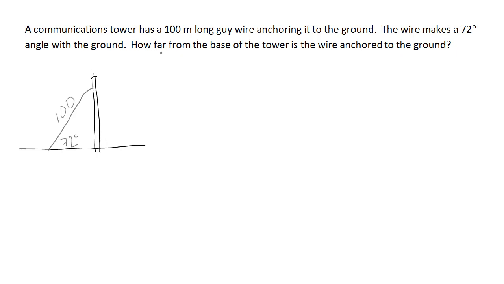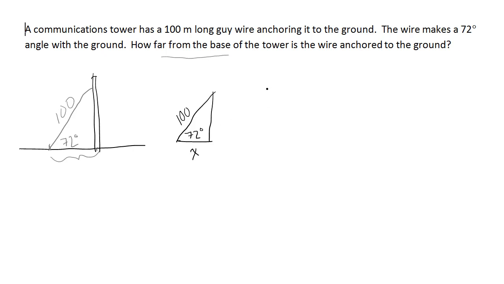And we are asked, how far from the base of the tower is the wire anchored to the ground? Well, we can see that the wire is anchored to the ground right here. If I were to simplify this drawing a little bit, what we really have is just a triangle where we have a 72-degree angle, a 100 length for our hypotenuse, and we are trying to figure out the adjacent for this angle.